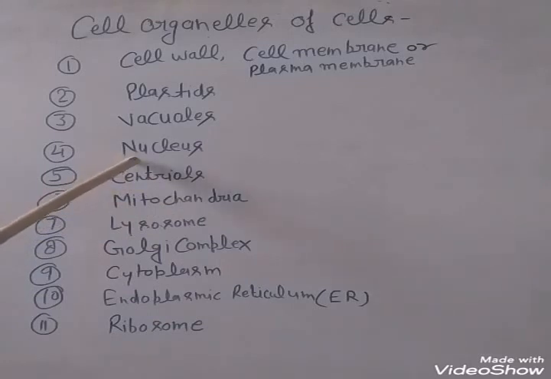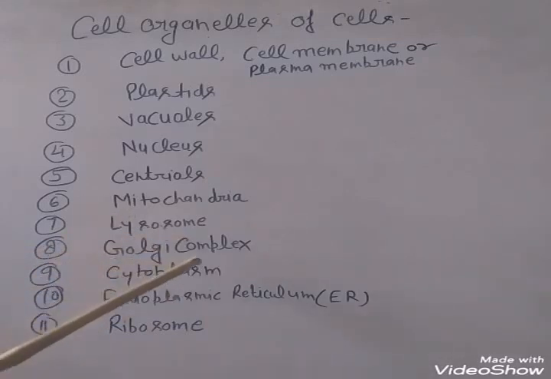Next is the nucleus. Centrioles help in the reproduction period. Next, mitochondria help in respiration and store energy in ATP form. Lysosomes, Golgi complex, and cytoplasm, which is the liquid material and the living material of the cell. Next, endoplasmic reticulum, which is present in both plant and animal cells, and ribosomes.